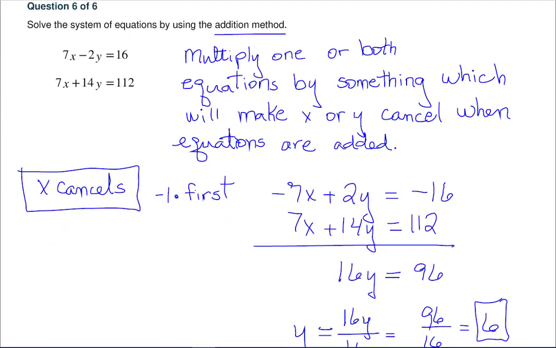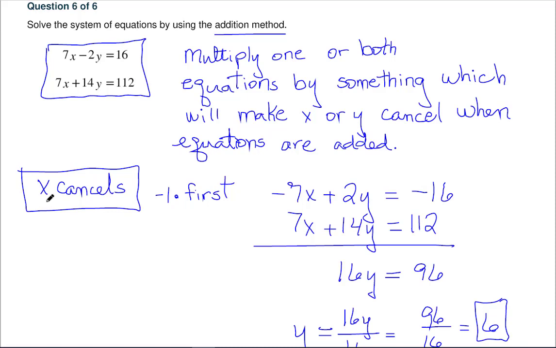All right. In question 6, we're trying to solve this system by a technique called addition or elimination. My hope is that I can add these two together and get an x or y to cancel. And you can multiply one equation or both equations by something so that it would make them cancel.